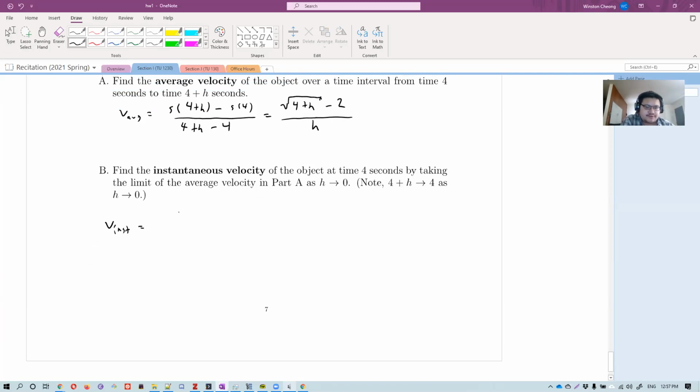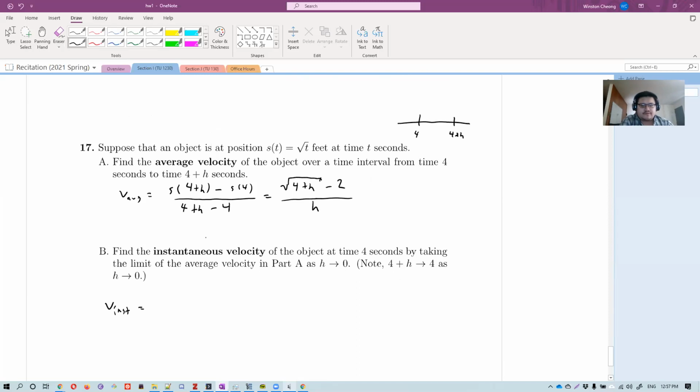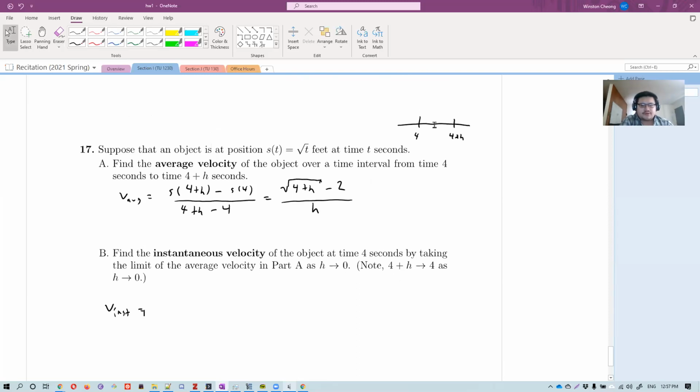So I'll explain. First of all, let's suppose that we didn't know that. We're just going to see what happens when we try to think about the instantaneous velocity. Like before, we have these two endpoints, and we want to get this 4 plus h and make it approach 4. That happens when we let h go to 0.